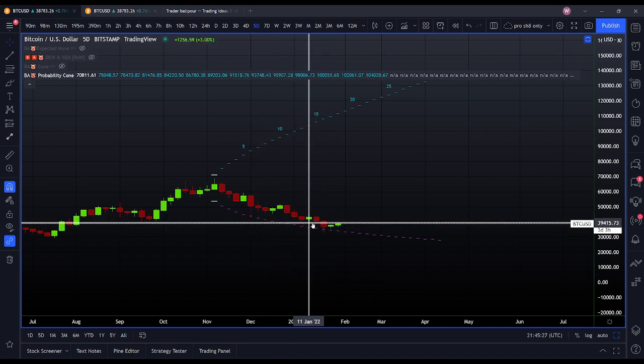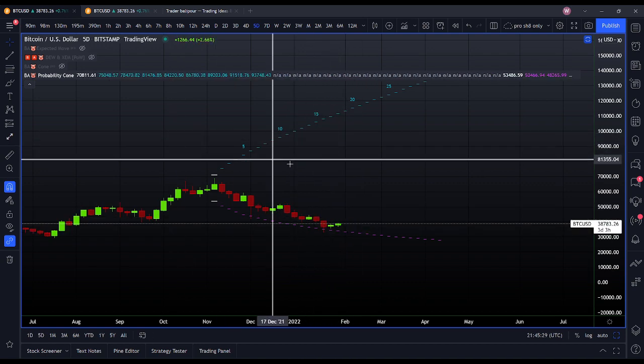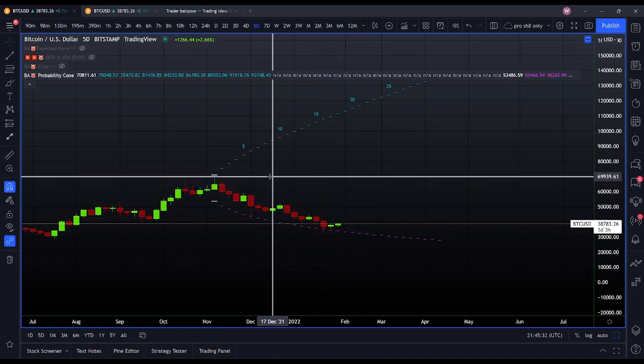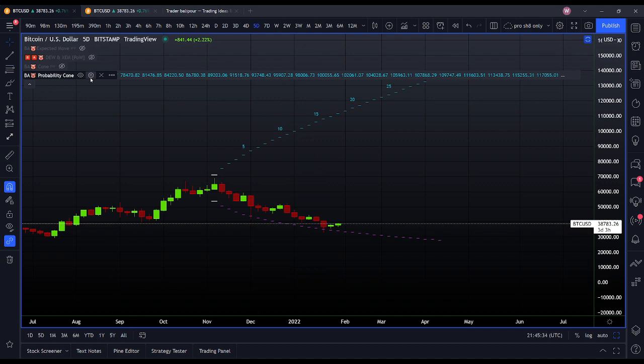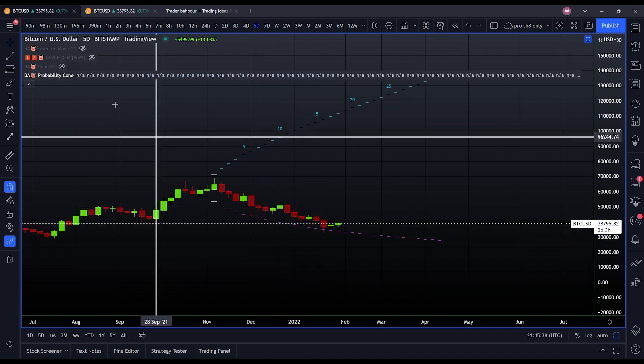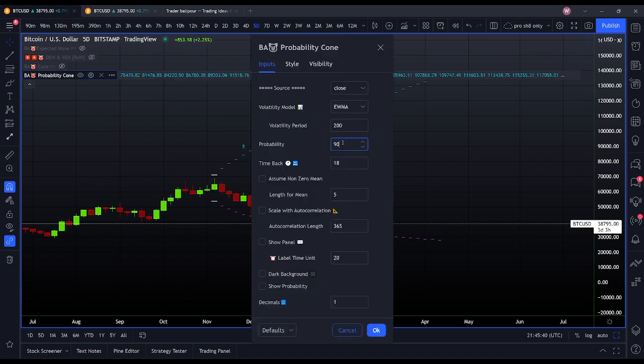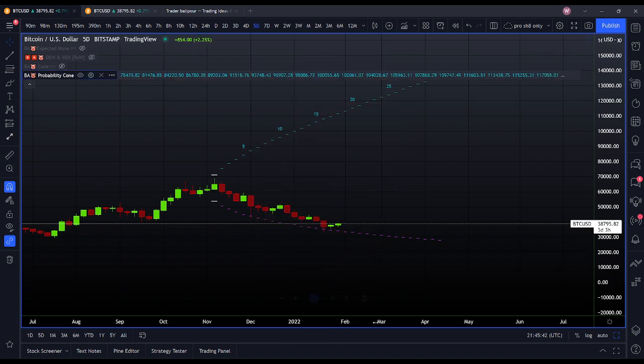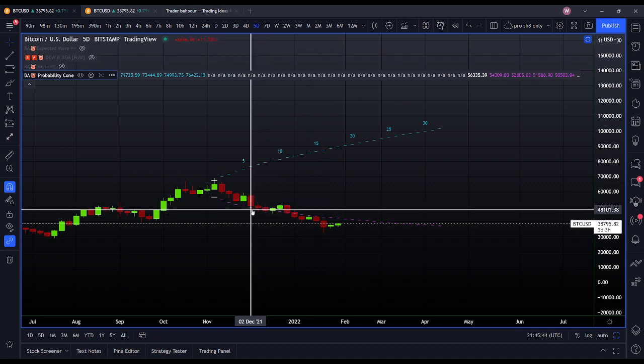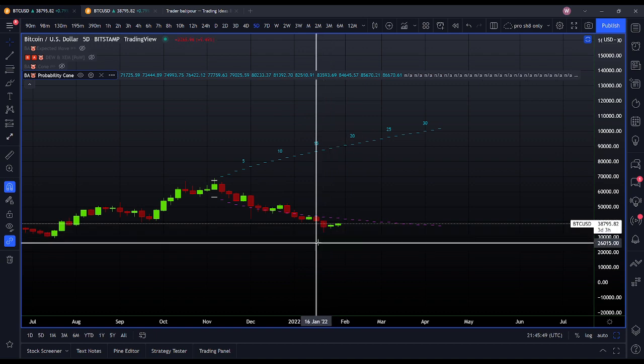And then just allocating based on the cone is a great strategy. And so when I say allocating based on the cone, you could say, okay, if price gets to the 70% area, I'll buy, I don't know, if there's specific guidelines for doing it.